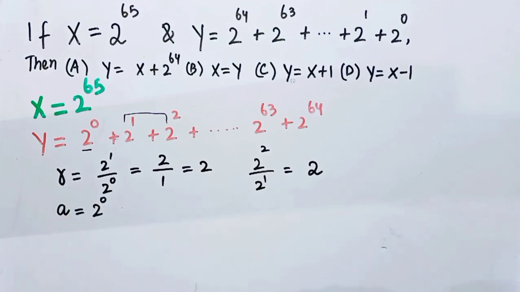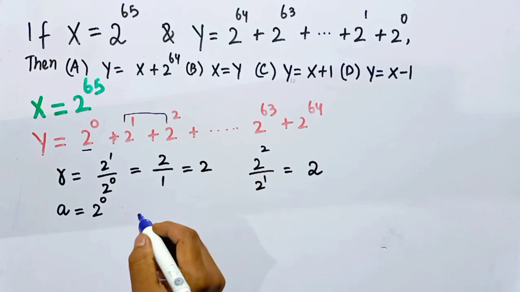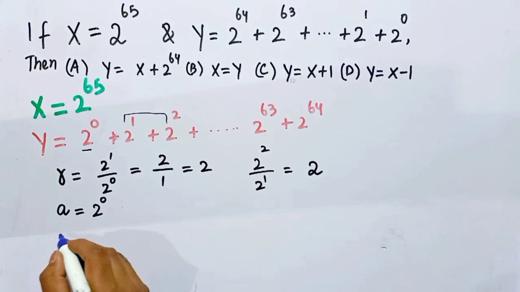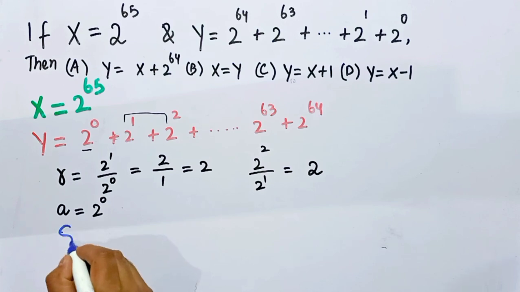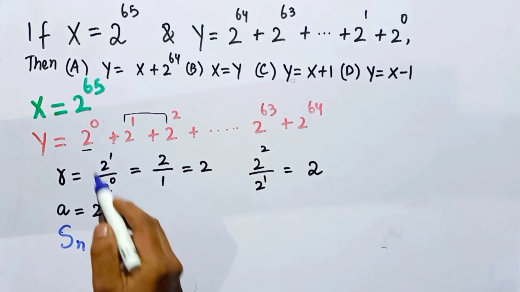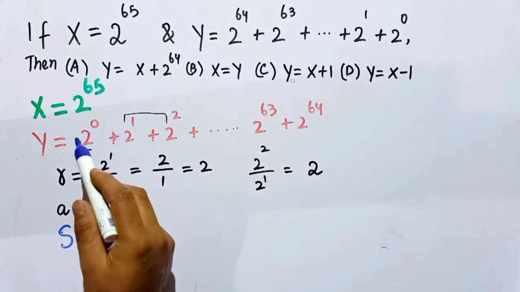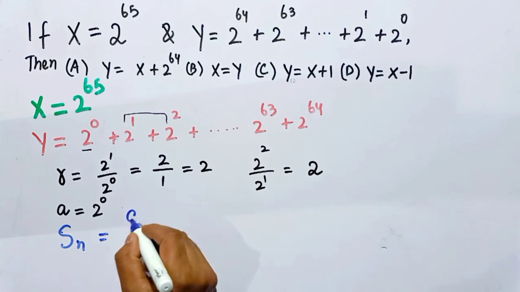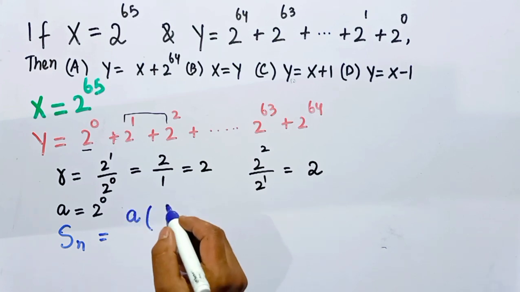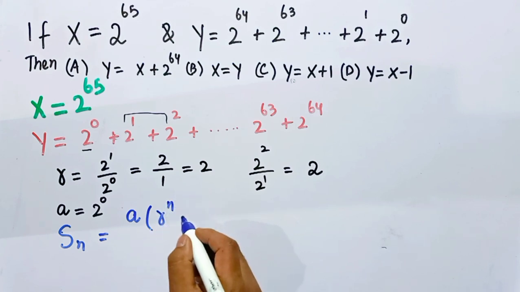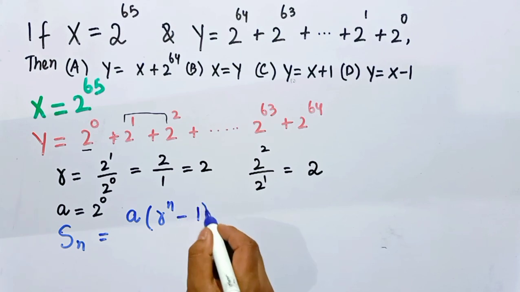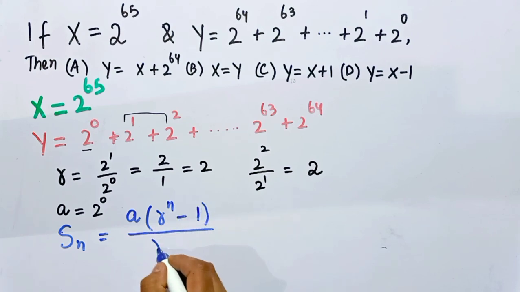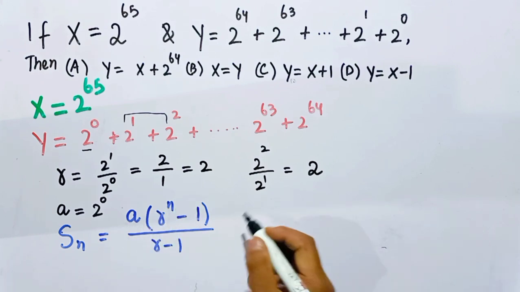Then the formula for the sum of the geometric series is given by S n, the sum of the terms of the geometric series, equal to the first term multiplied by the common ratio raised to the power of the number of terms minus 1, divided by the common ratio minus 1. This is the formula. Let's use this formula here.